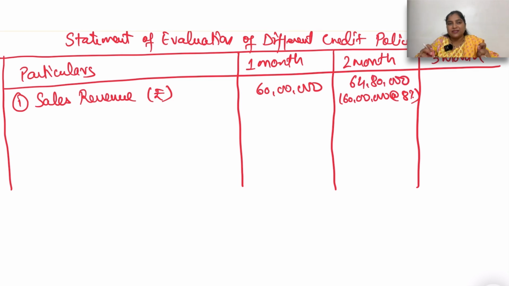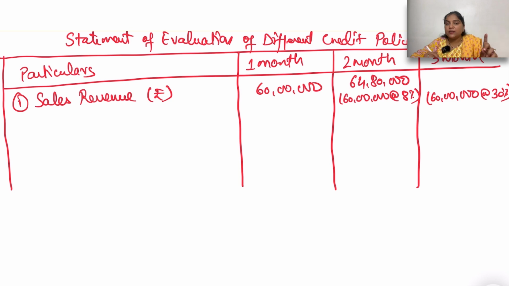Do not memorize even a single point here. It's my request. Try to understand every area. And next, our sales are increased by 30%. Some of you go beyond your limits and wonder whether this 30% is on 64 lakh 80,000 or on 60 lakh. Please don't use excess brains here, because if nothing is given in the question, you have to compute everything on your initial sales only.